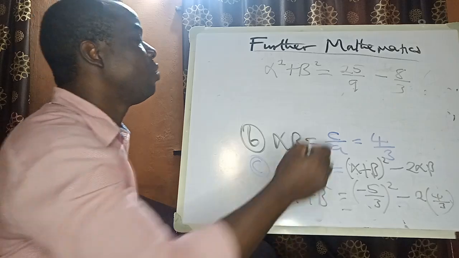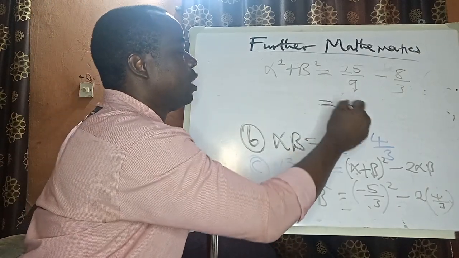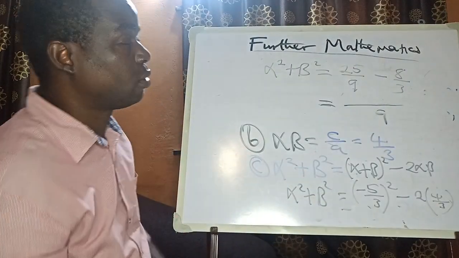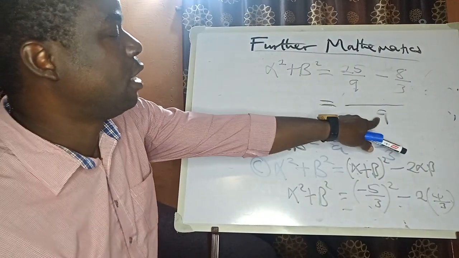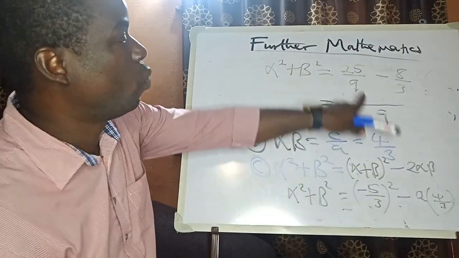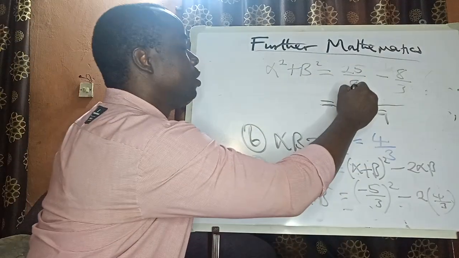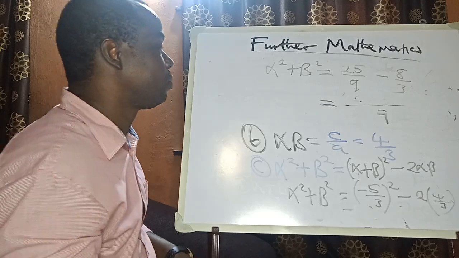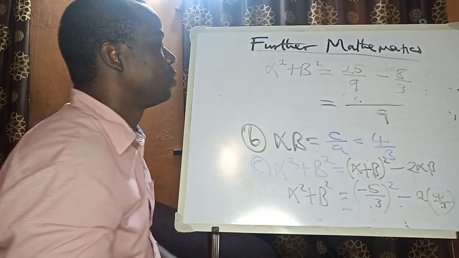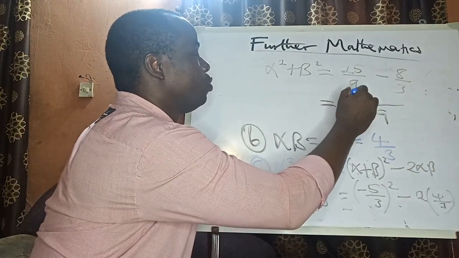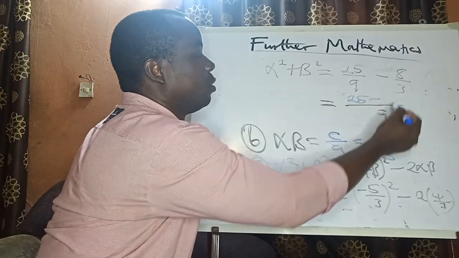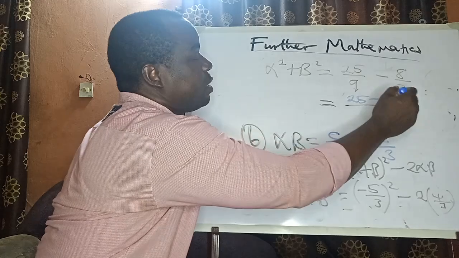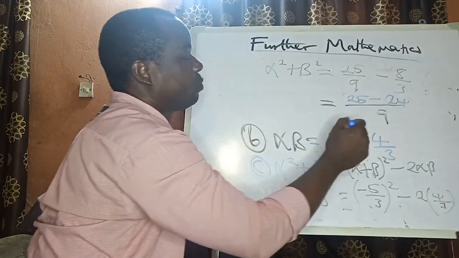For our LCM, the LCM of 9 and 3 is what? 9, right? 9 in 9 is 1. 1 times 25 is 25. 3 in 9 is 3. 3 times 8 is 24.